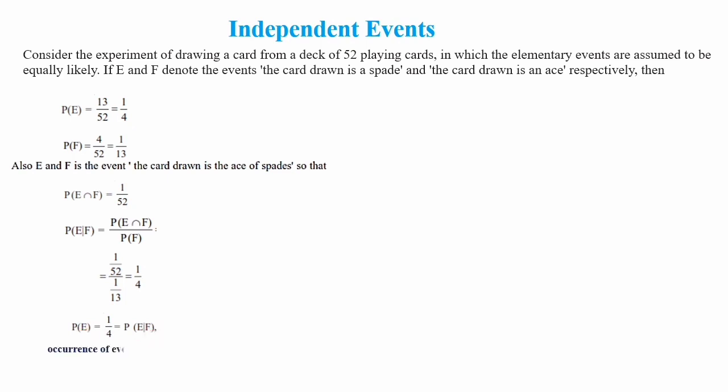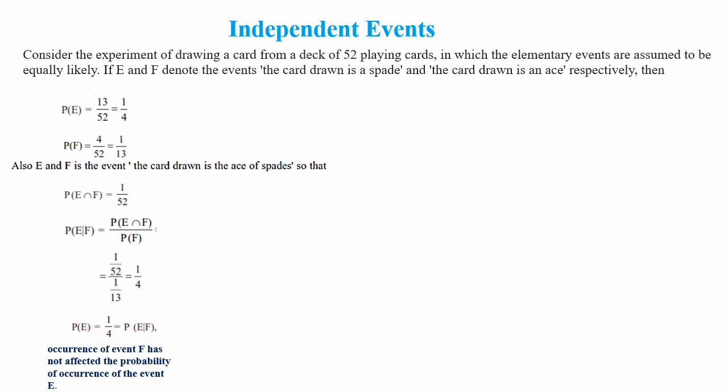We can conclude that the occurrence of event F has not affected the probability of the occurrence of event E. If we calculate P of E directly, we get 1 by 4, and P of E given F, the probability of E after the occurrence of F, is also 1 by 4.